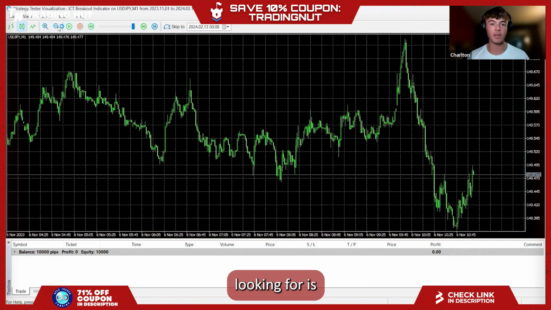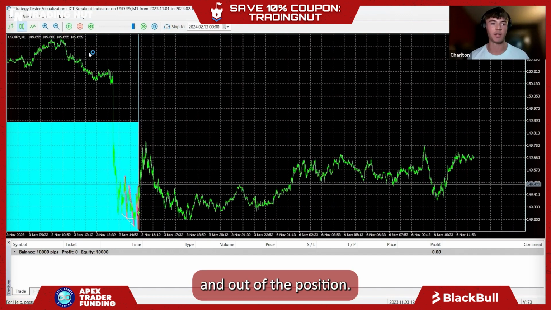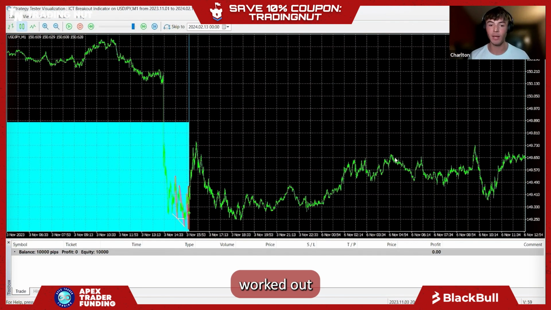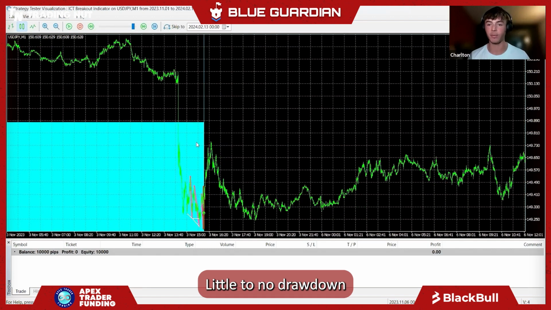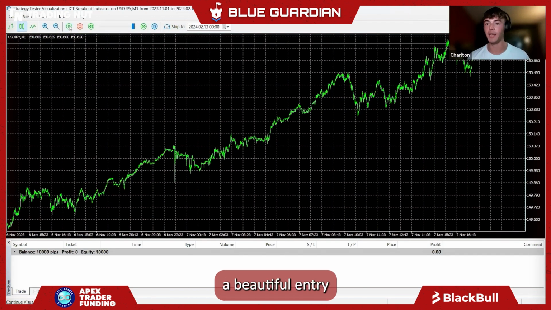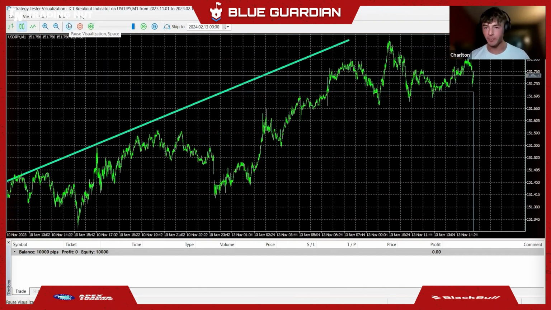And all we're looking for is 20 pips to get in and out of the position. So as you can see, this trade would have worked out beautifully for you. Little to no drawdown on this position, and you would have had a beautiful entry that you could have used on the prop bots or however you're trading.